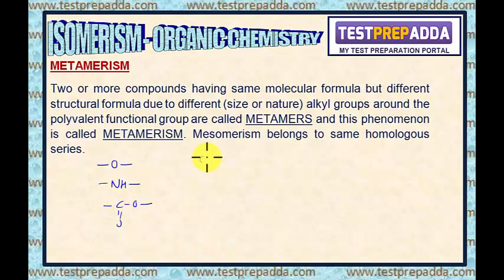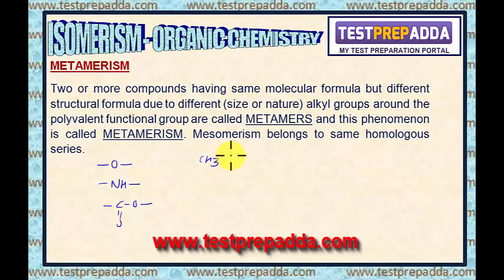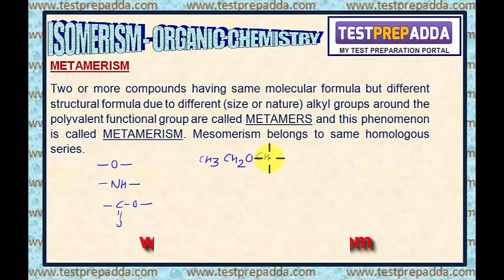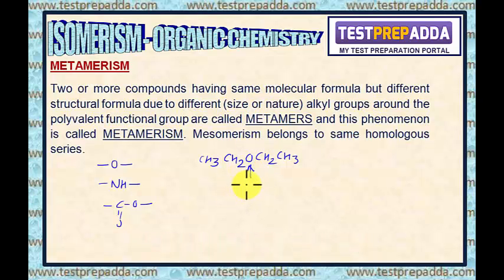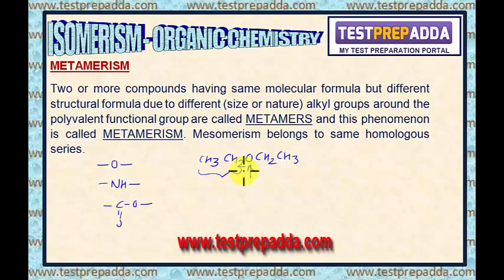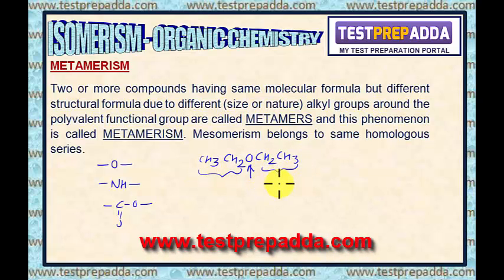Consider an example CH3CH2OCH2CH3. This is an ether. You can see this is the divalent functional group. This side you have ethyl, this side you have ethyl.